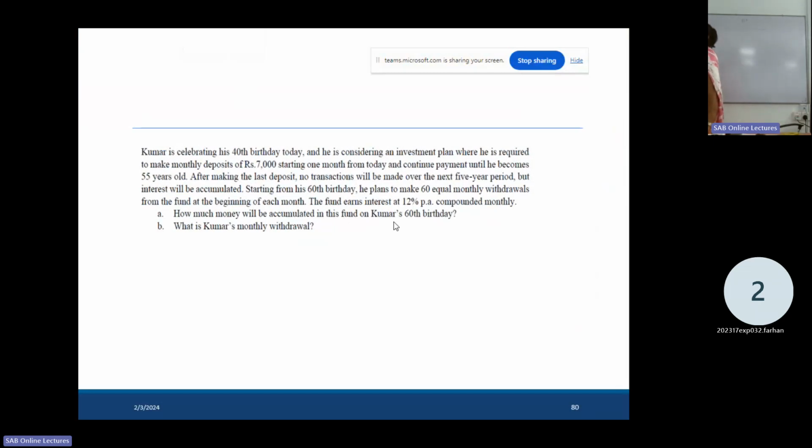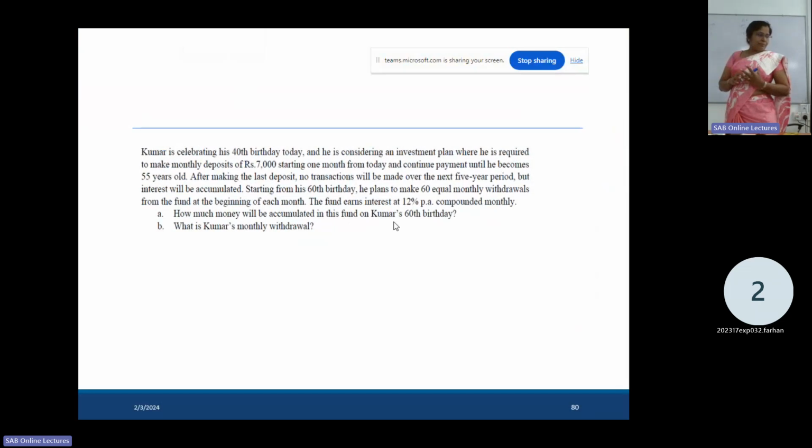This is a monthly deposit, so 15 times 12. How many monthly deposits? 180. So he is making up to 180 deposits of 7,000, at the end of each month, in the account which pays interest at 12% compounded monthly.